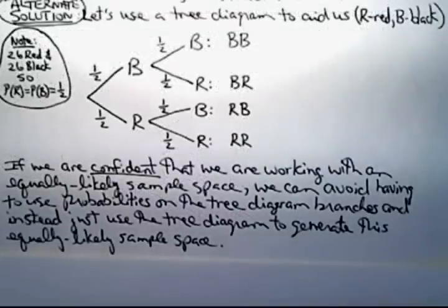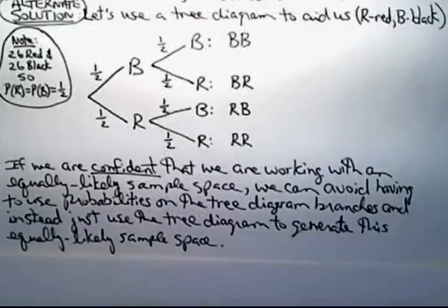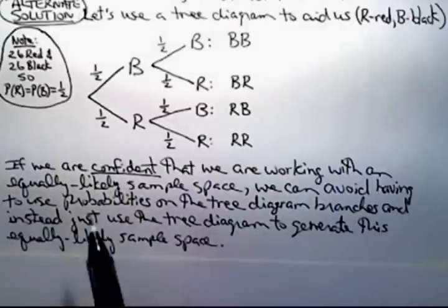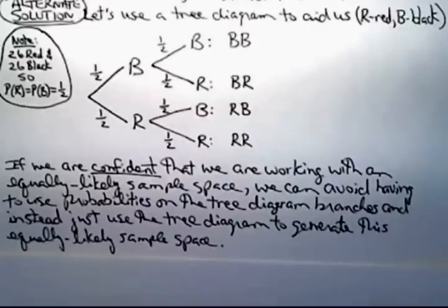This alternate solution depends on understanding this idea. If we can be absolutely confident that we're working with an equally likely sample space, then we can avoid having to use the probabilities on those branches and instead just use the tree diagram to generate the equally likely sample space.